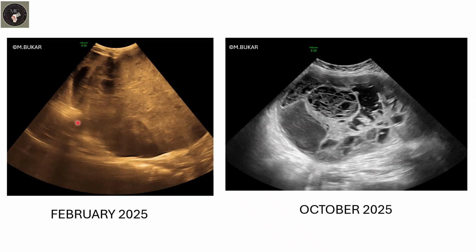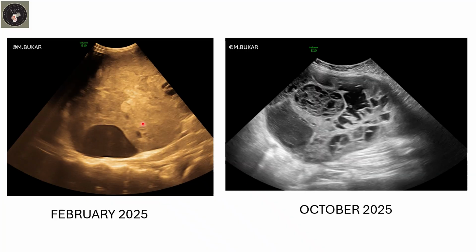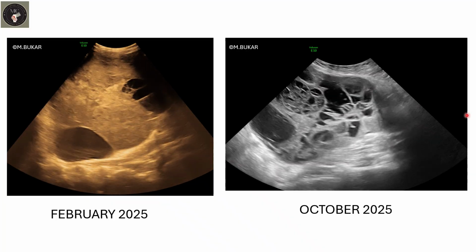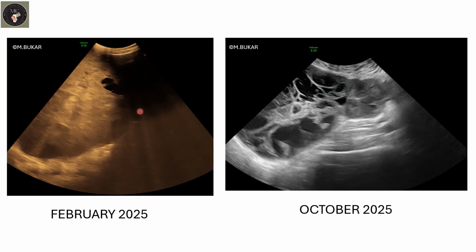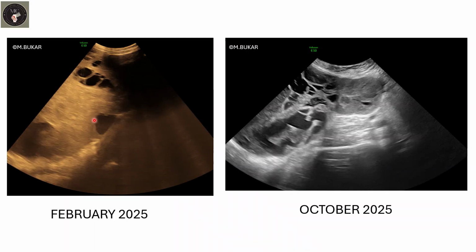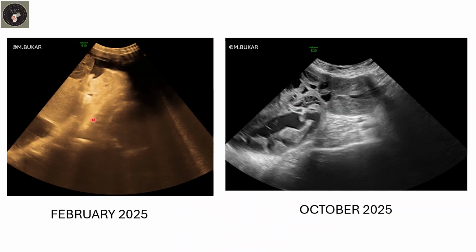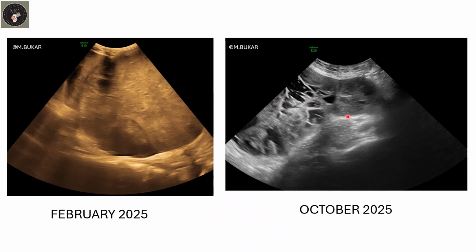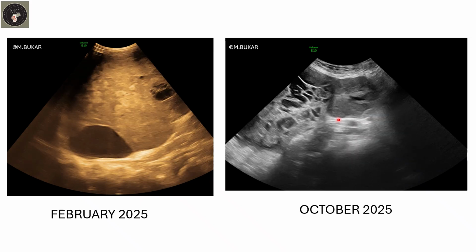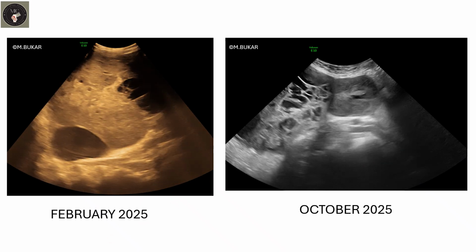Do they appear similar? Well, somewhat, but both are multilocular solid. But after surgery, this appears to be more of congestion than solid, but this is truly a multilocular solid lesion.